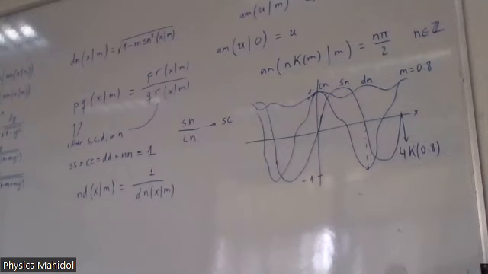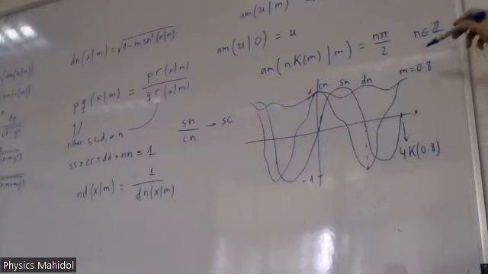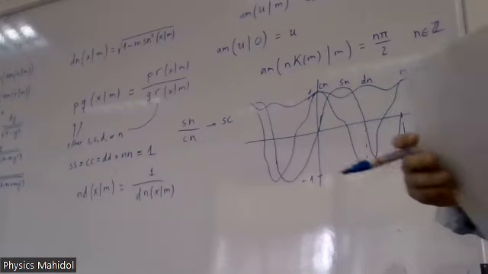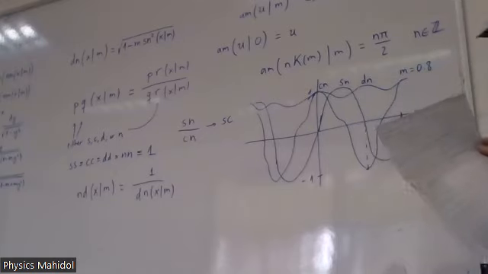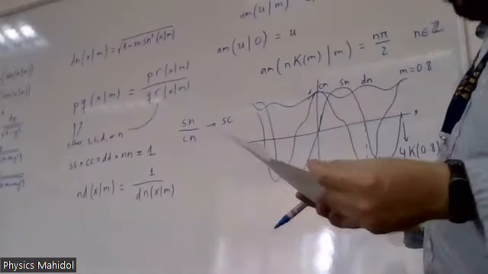But if you go to the limit when m is 0, then the sn should become a sine, the cn should become a cosine, and the dn should become just the number 1, because when m equals 0, it's just the square root of 1.